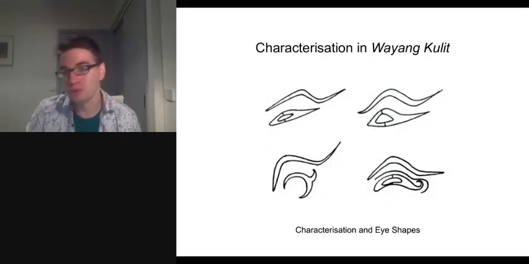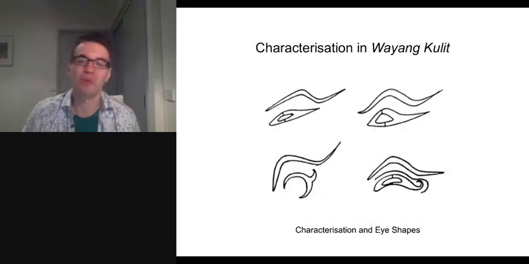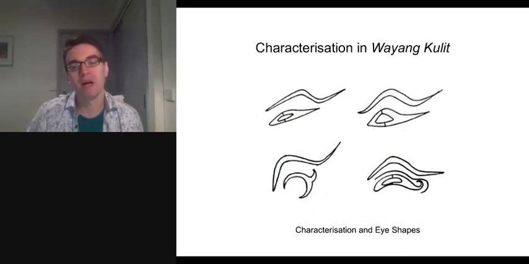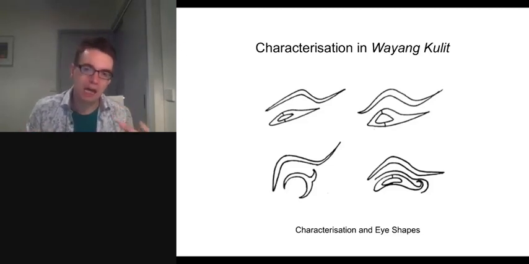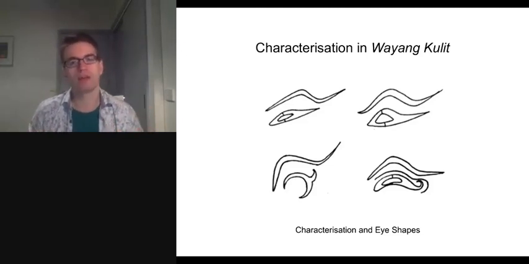Eyes are a huge, big giveaway when it comes to Wayang Kulit performances, and also various forms of masked dance in Java and in Bali. So we can see the very narrow kind of eye in the top left-hand corner here that's very refined, and then an eye that's slightly more open, that might be more gagah, or a kind of male character who's situated between a halus character and a karas character.